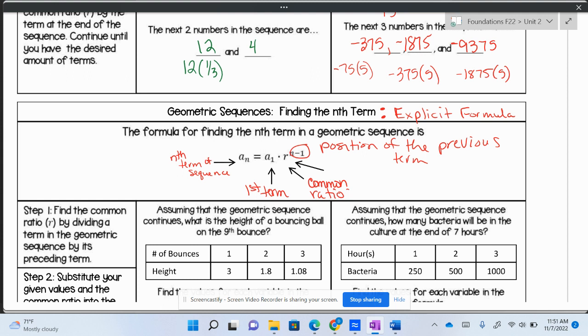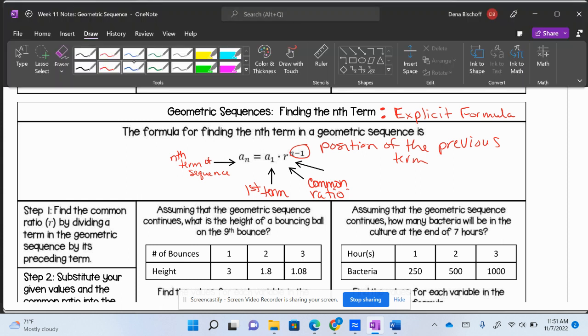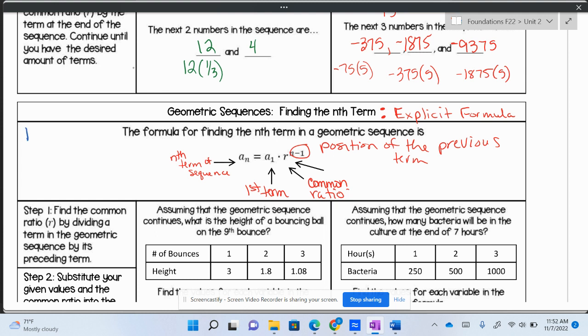Now I'm going to write the recursive formula over here because I want you to know it. Remember that the recursive lets you find the one that came before. A to the n equals my common ratio r times a to the n minus 1.